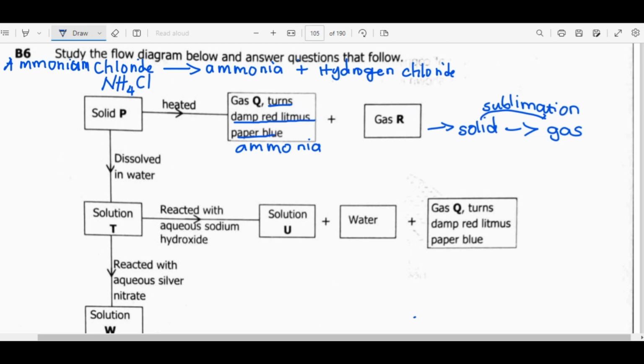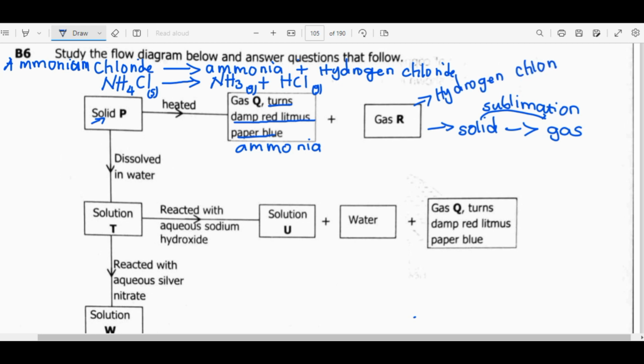Here we have a solid state since we are looking at the nature of solid. Then we have the equation symbol. Then the ammonia is NH3 gas plus the hydrogen chloride, which is also a gas. Hydrochloric acid has the same symbol as hydrogen chloride, which is HCl. If you look at this carefully, this equation is balanced. So gas R, as we can see, is hydrogen chloride.